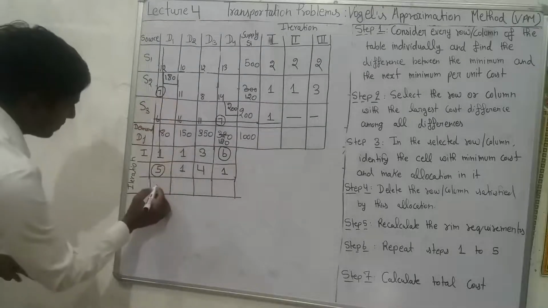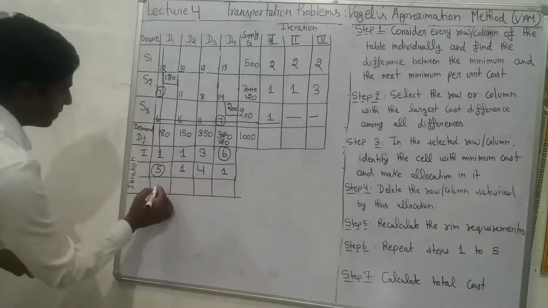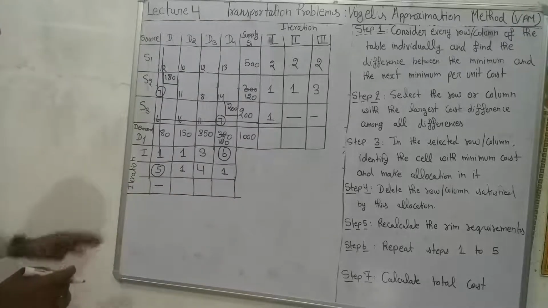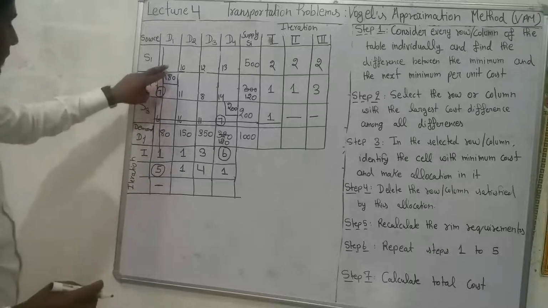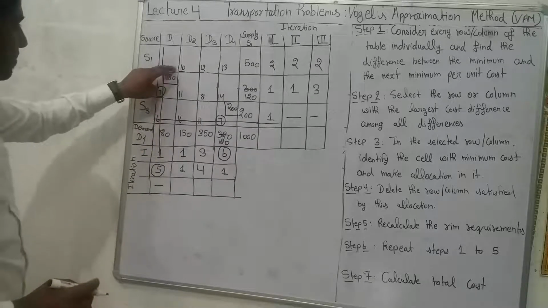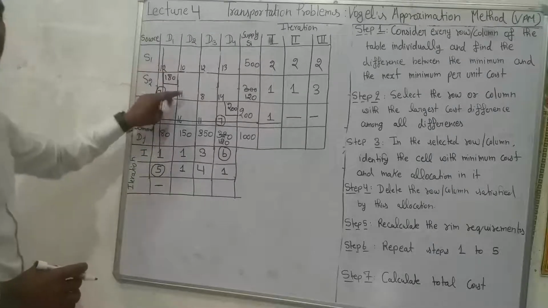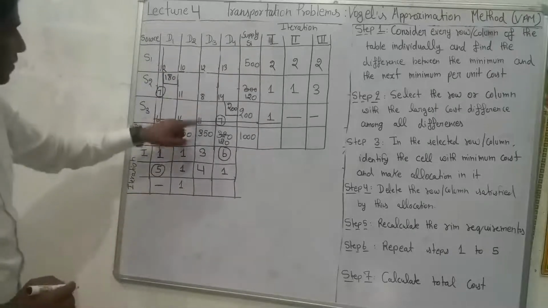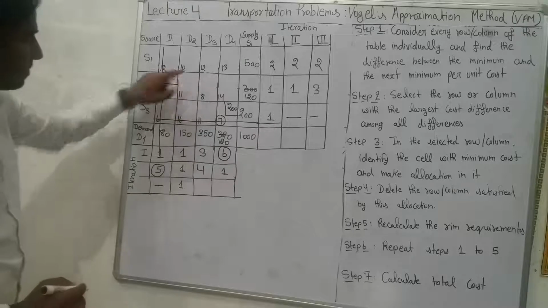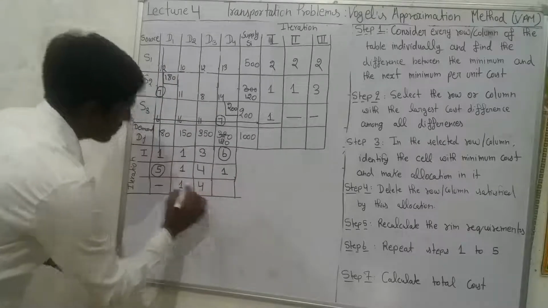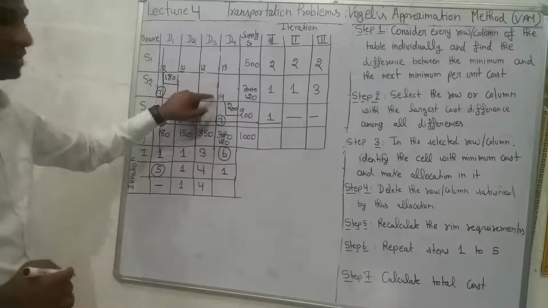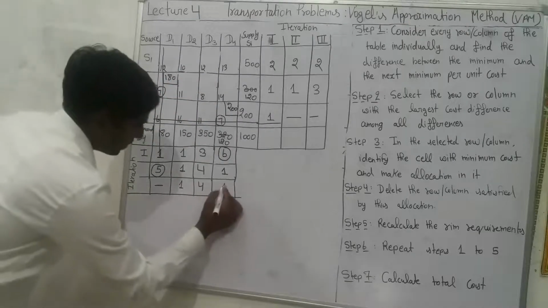The first column is also deleted in the last step, so we are not going to include this column. Second column, the minimum cost is 10 and next minimum is 11, so difference is 1. In the third column, minimum is 8, next minimum is 12, difference is 4. And in the fourth column, minimum is 13 and next minimum is 14, so difference is 1.